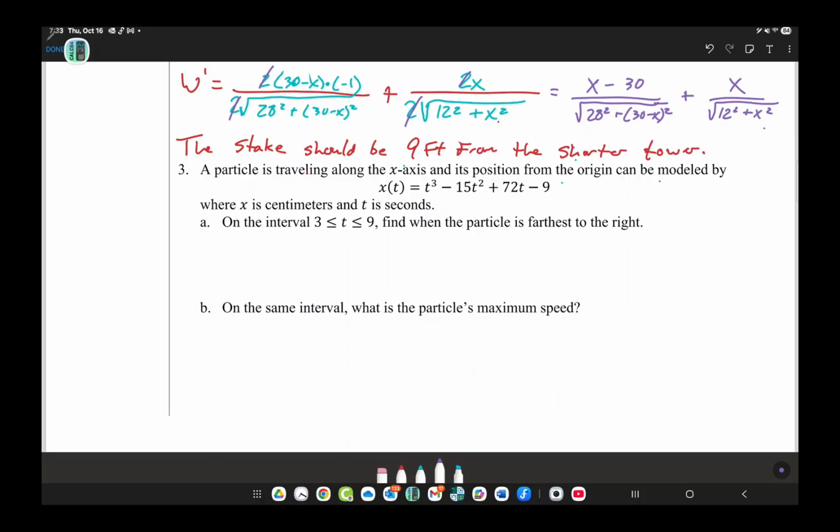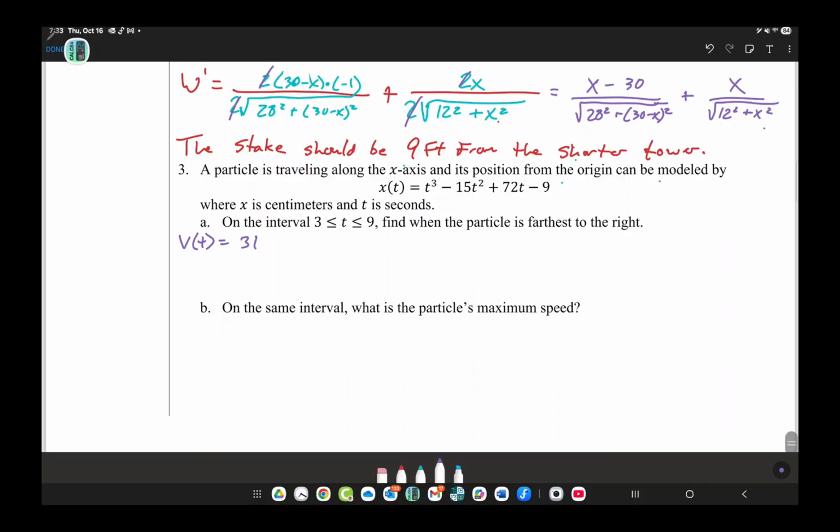So furthest would be the max position. Sorry, when is it furthest to the right, not fastest to the right. That's v. So when is it furthest to the right? We do need to find the velocity though.